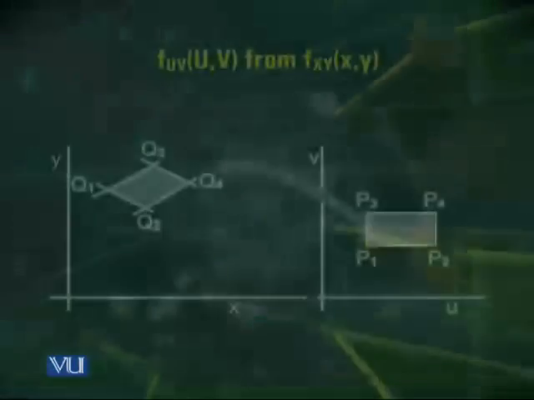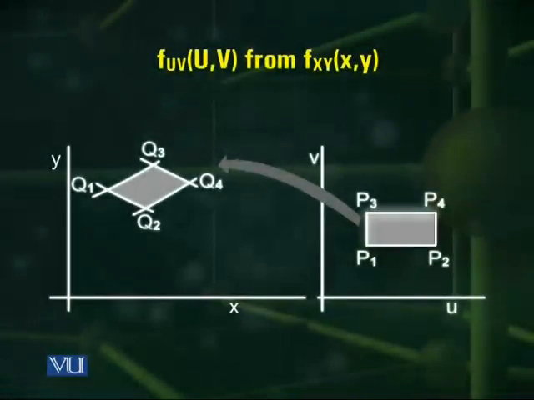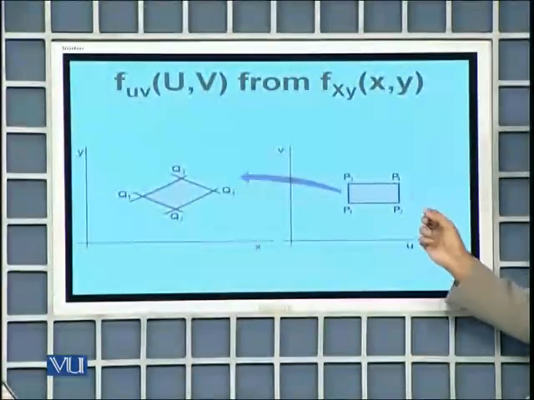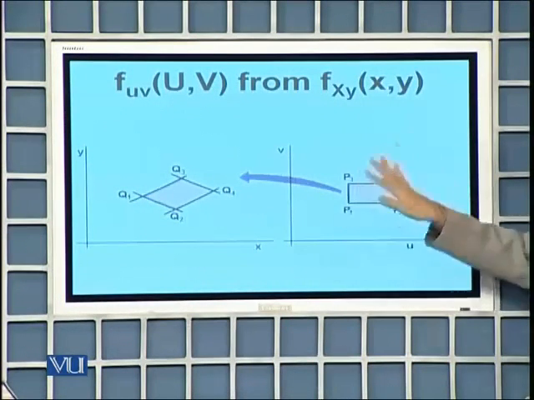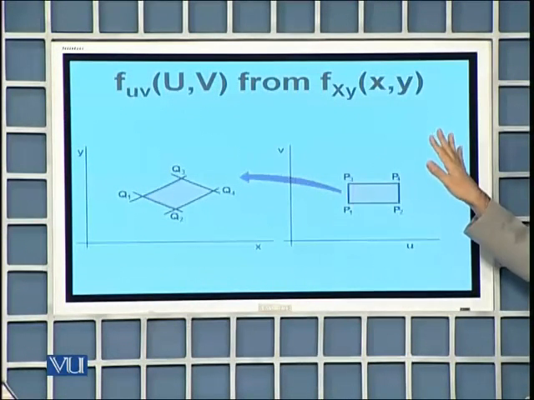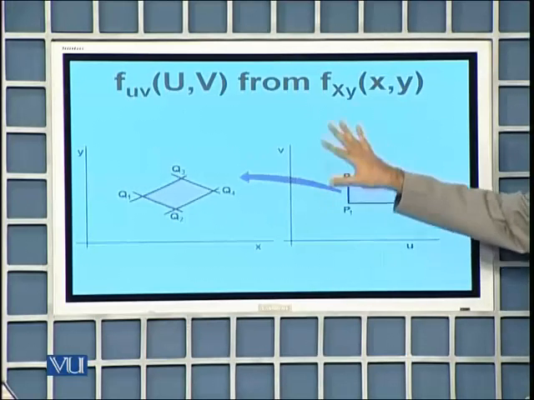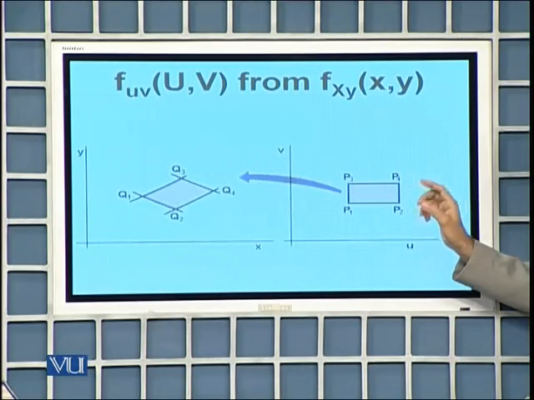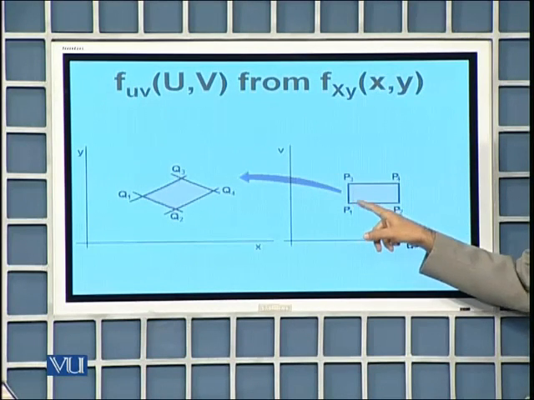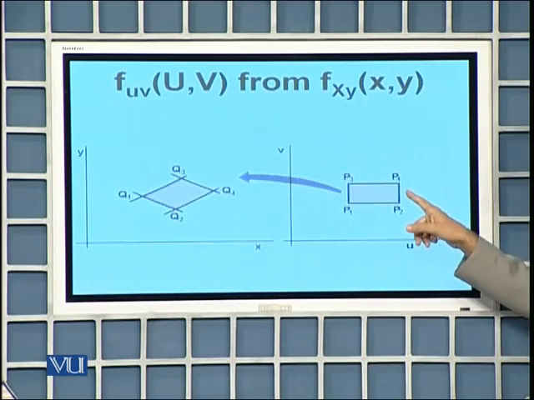This dimension, which is dv, and this dimension, which is du, are both much smaller than 1, and during this rectangular region, the joint PDF of u and v, which is a surface defined over this UV plane, remains flat. It does not change much when we move over this rectangular region.